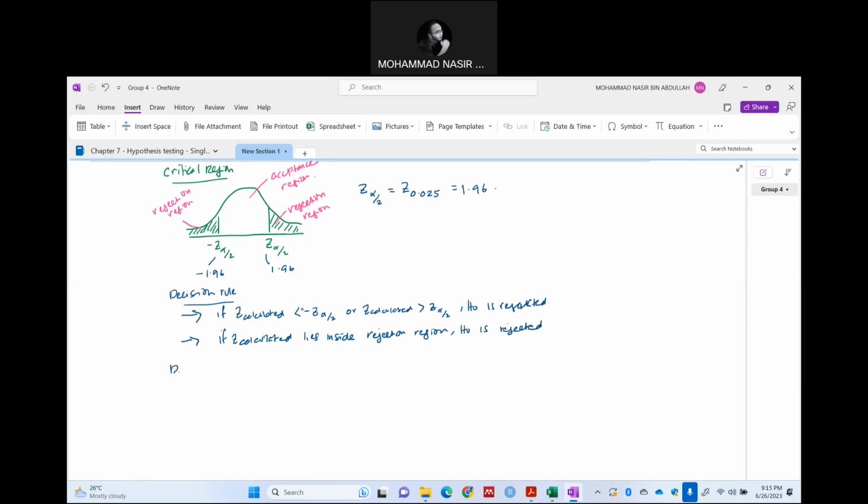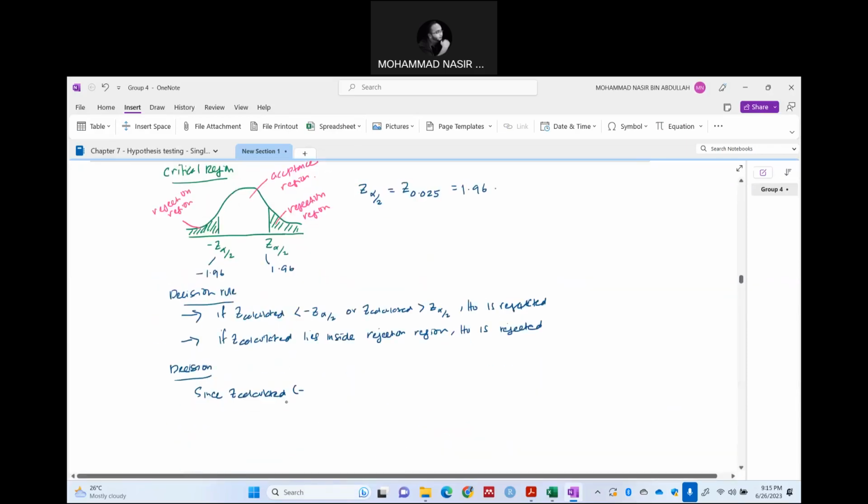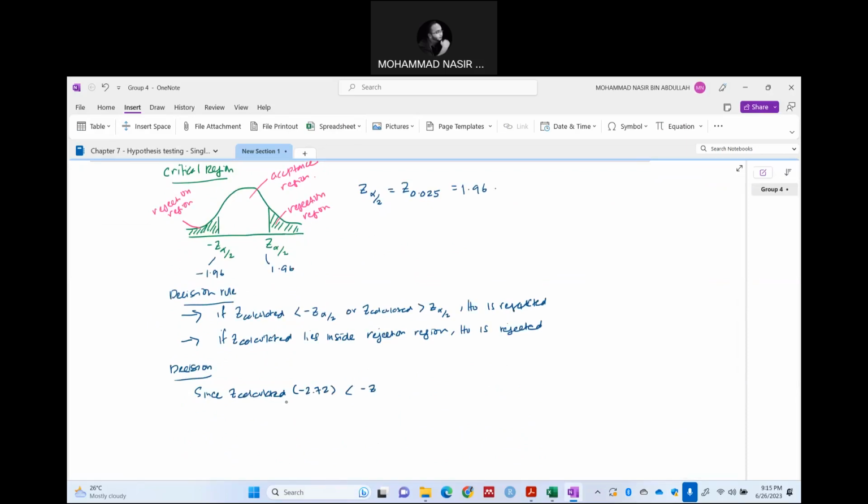So our decision is, since Z calculated, which is negative 2.72, is less than negative Z alpha divided by 2, which is negative 1.96, the null hypothesis is rejected.